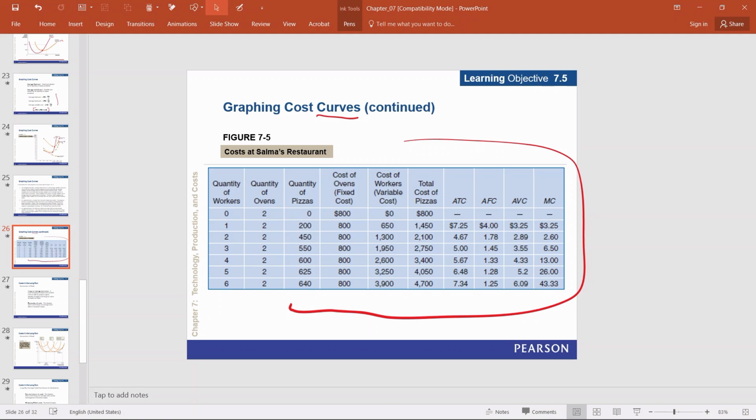Anyway, we need to know the behavior of these numbers and how we can calculate them. Again, this is production side, and this is cost side.